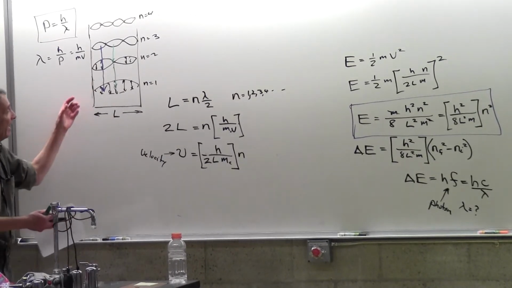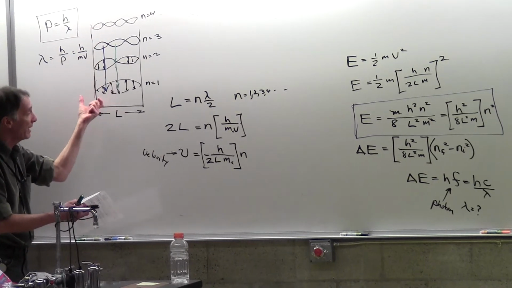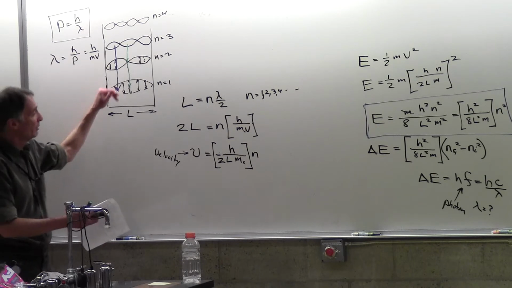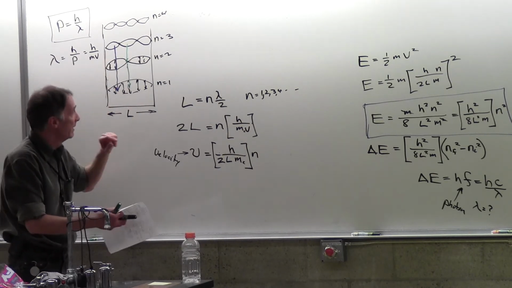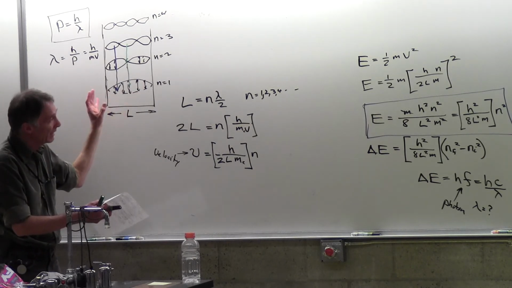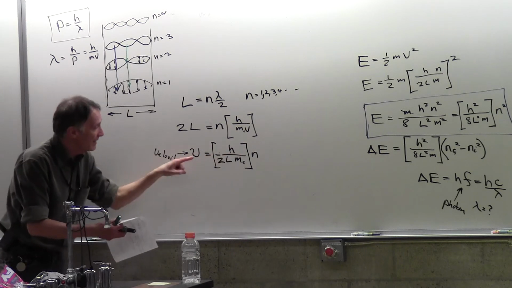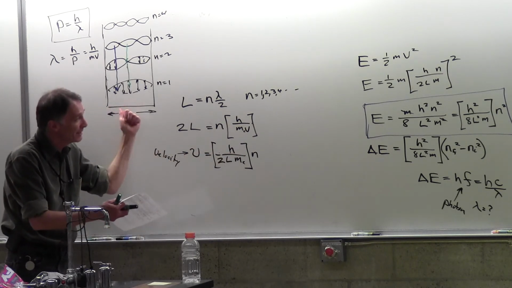Coming back again, we're dealing with the idea of the electrons caught in standing waves inside this box, and these are all the possible standing waves. The number of half waves that can fit inside the box. These are, we say, quantized. There's only certain velocities or momentums that are inside the box.